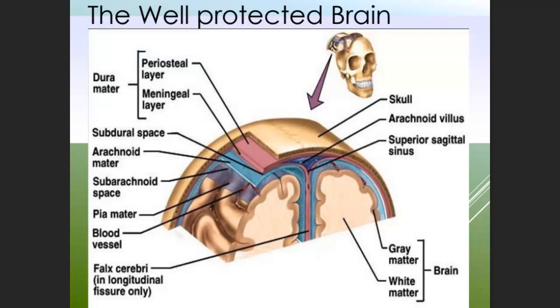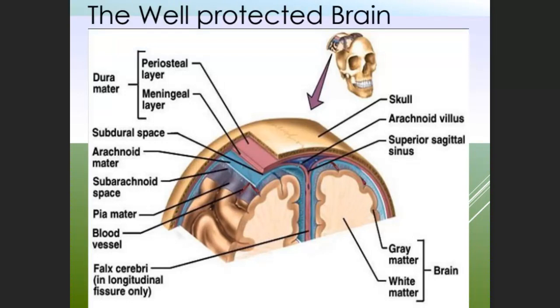The brain is well protected by the skull, a bone that is surrounding the brain, and it has various different parts. Beneath the skull are meninges, layers of very thick connective tissue in different layers with spaces in between them that are keeping the brain well protected.